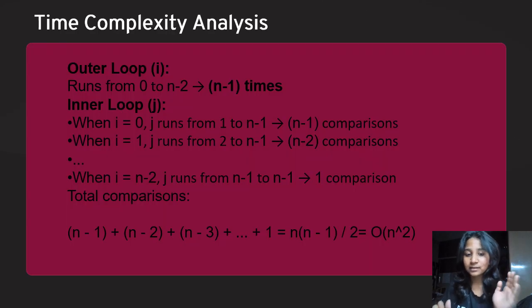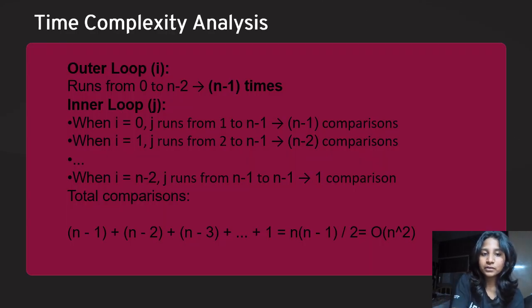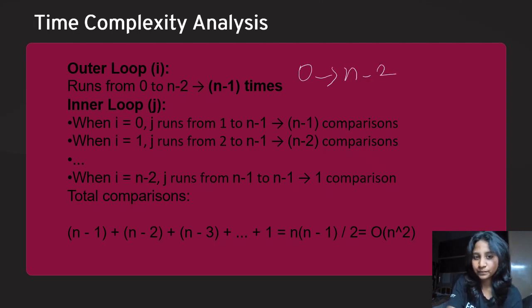The proper analysis is done here. So the outer loop runs from 0 to n minus 2, which is n minus 1 times, obviously.